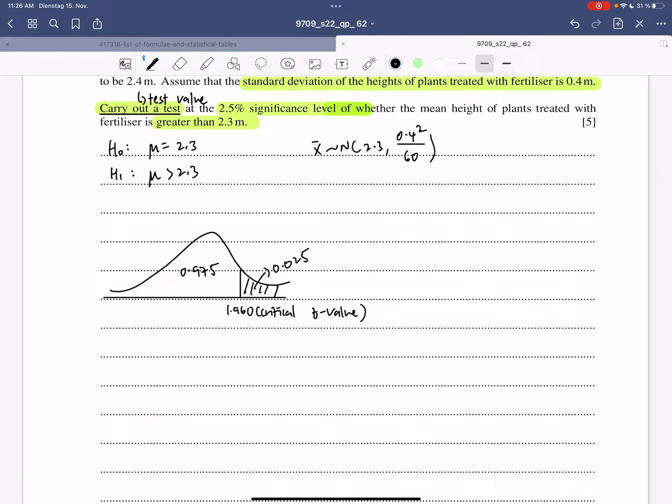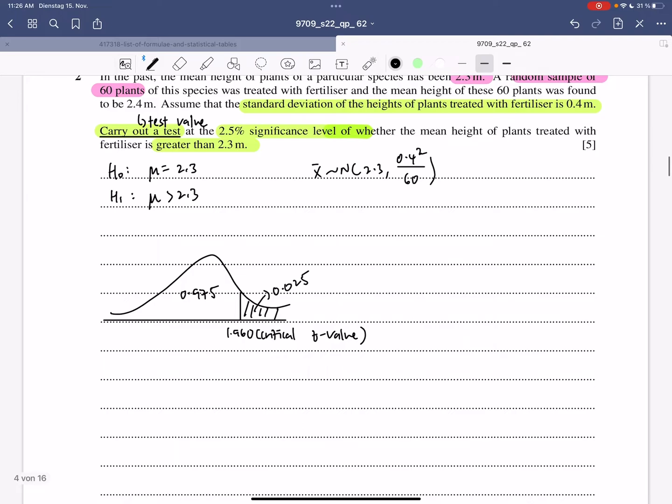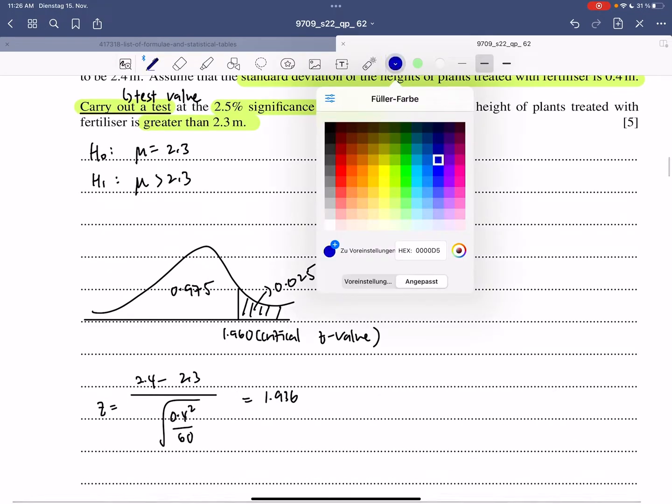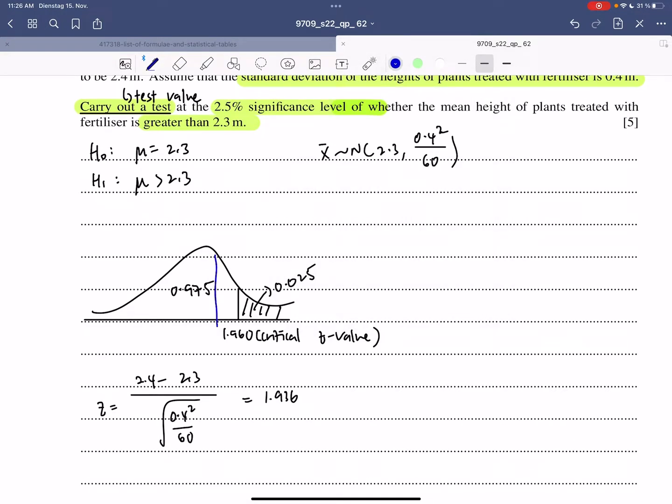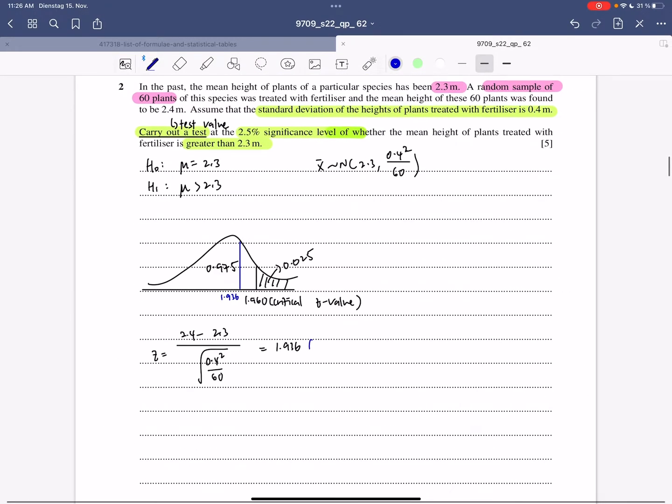So now our test value was 2.4. Let's standardize this. 2.4 minus 2.3 over the standard deviation, and putting it into the calculator, you will get 1.936. Okay, so as you can see, 1.936 is obviously outside the critical region. This is the standardized value. You don't have to label this, but I'm just doing it.